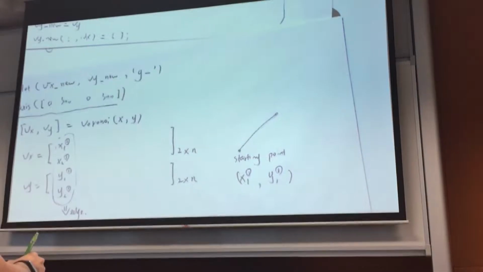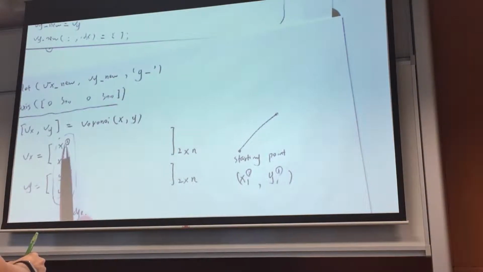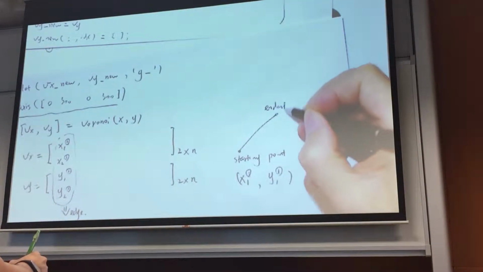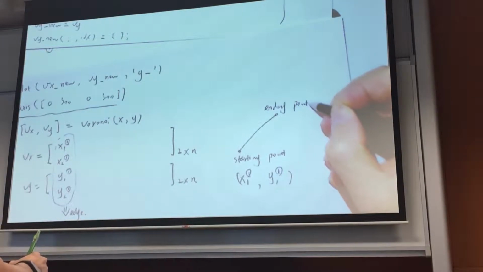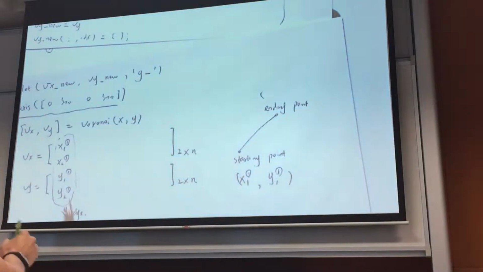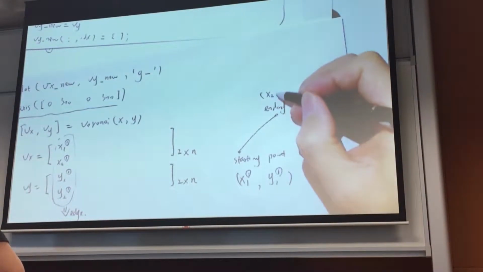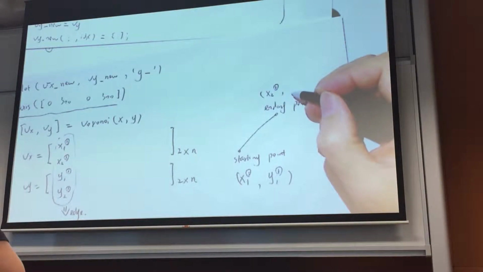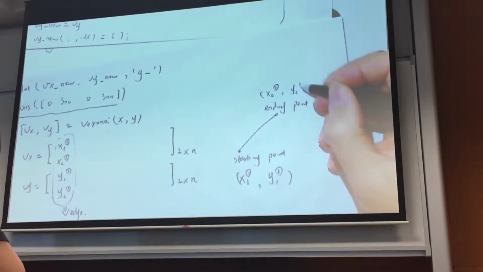These are the coordinates corresponding to the first row of Vx and the first row from Vy. And the ending point has the coordinates given by x2,1 and y2,1.